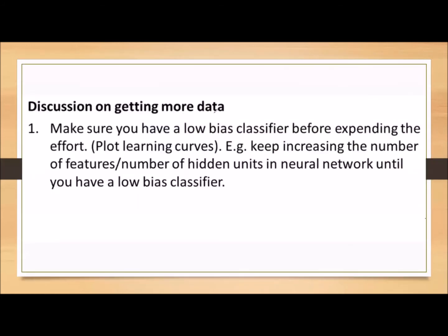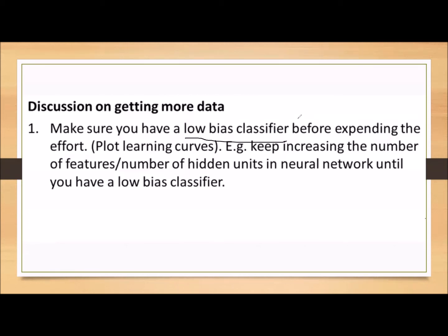Before we apply artificial synthesis, first we have to check whether our classifier, and I am calling this a classification problem because we are classifying, is a low bias classifier or a high bias classifier. If our classifier is a high bias classifier, then there is no additional advantage to us from taking additional data.